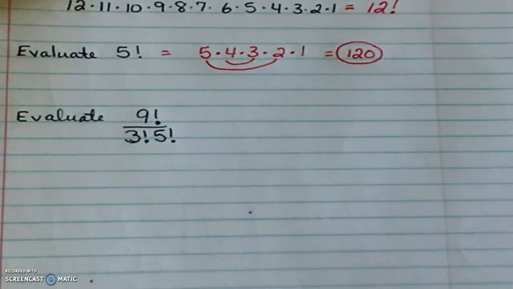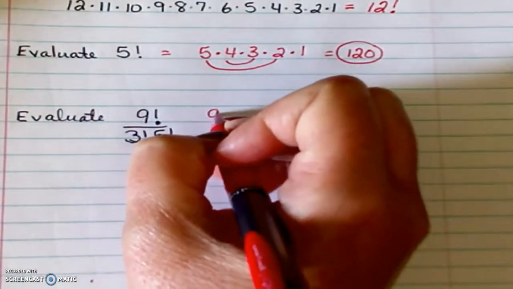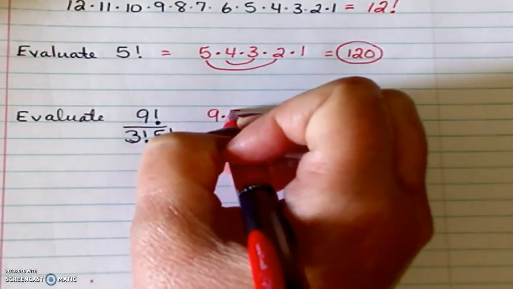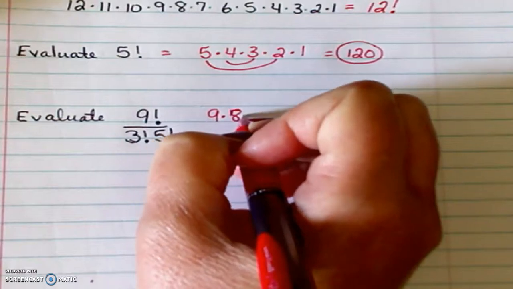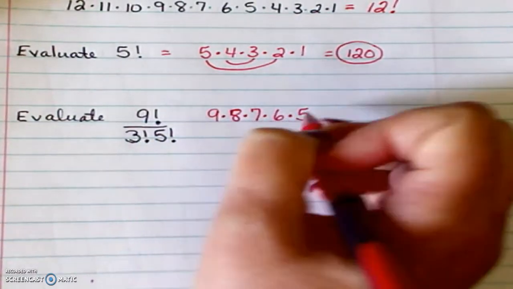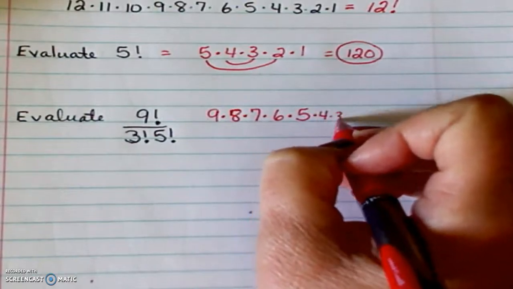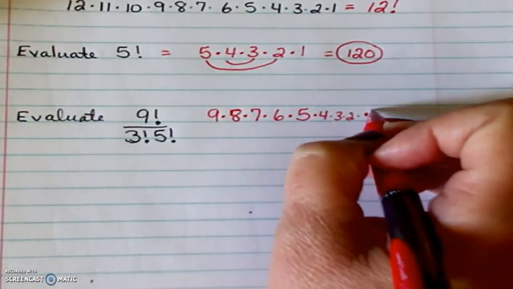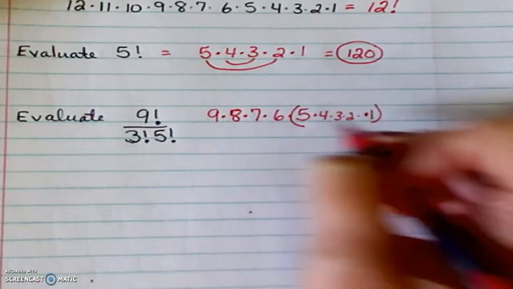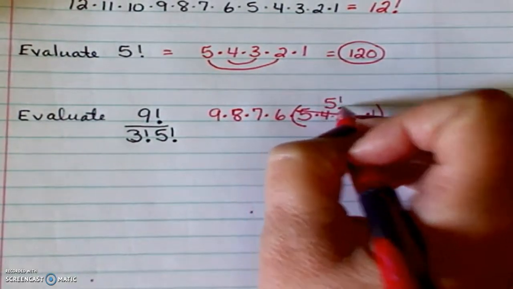times 5 factorial. So if I think about what 9 factorial means, it means 9 times 8 times 7 times 6 times 5. And then if I wanted to, I could say times 4 times 3 times 2 times 1. But I know that all of this right here is just the same thing as 5 factorial.